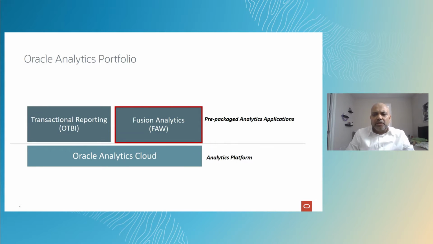Fusion Analytics Warehouse is an offering in the Oracle Analytics portfolio. It complements transactional reporting, that is OTBI in Fusion application, and is provisioned with Oracle Analytics Cloud as the underlying platform.